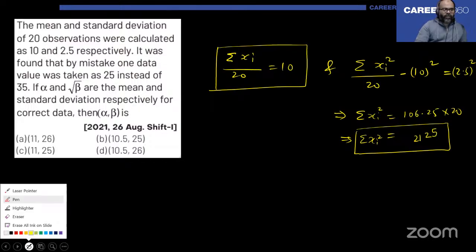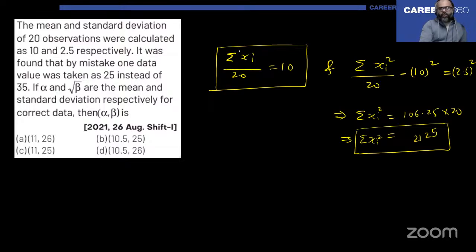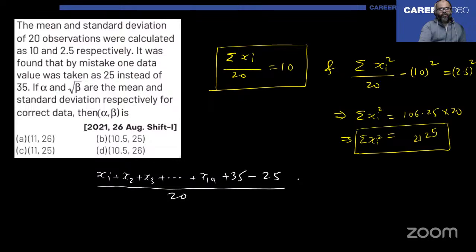There are 20 observations, so x1 plus x2 plus x3 till x19 plus the 20th observation, which you have taken mistakenly as 25 whereas you had to take 35. So you subtract 25 and add 35 in place of that. That is the true value divided by 20, and this is alpha, the mean of the correct observations.